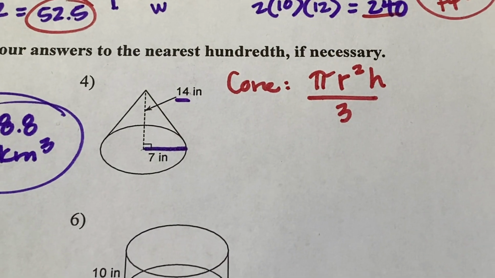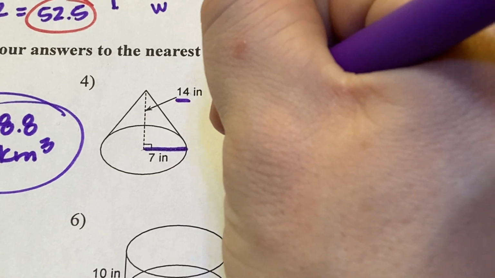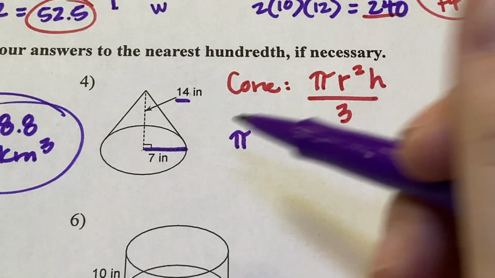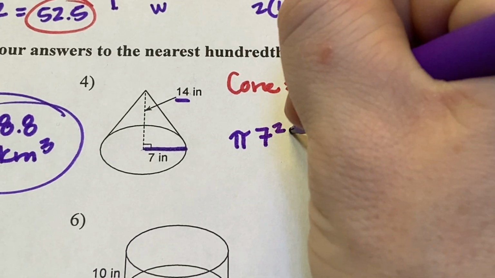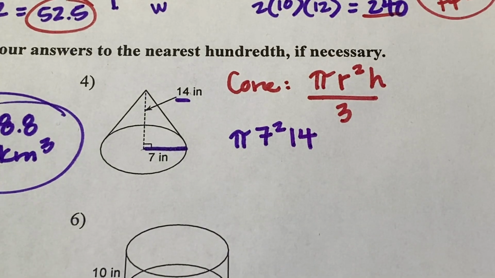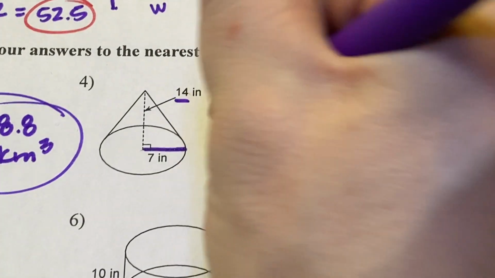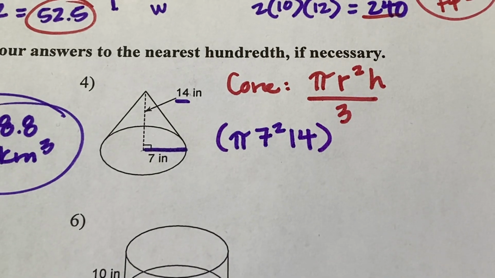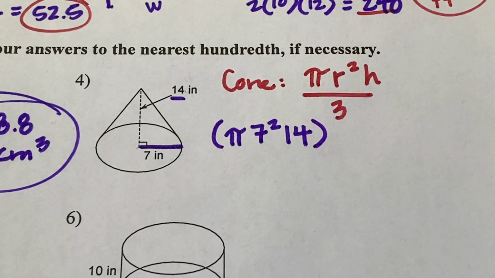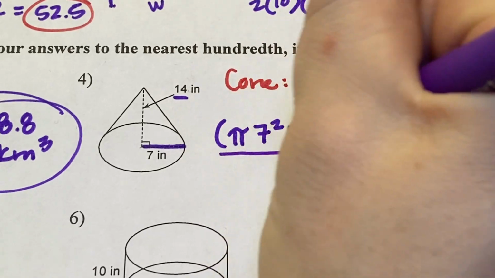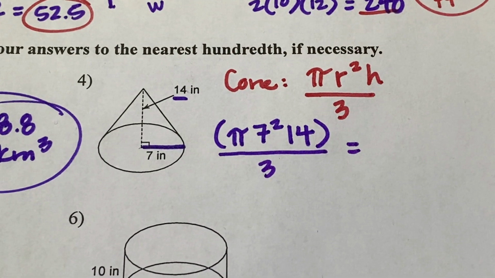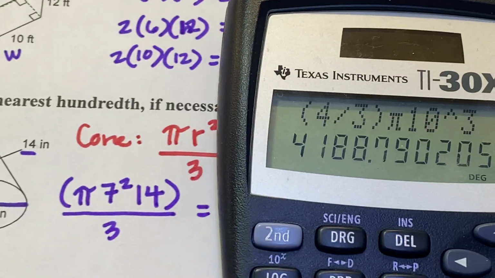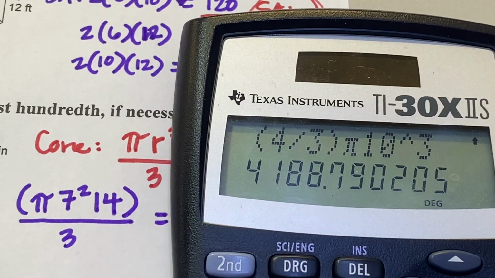So for this formula, we have pi times my radius, 7 squared, times my height, 14. Remember, I like to put parentheses around the numerator, telling the calculator that that's all on top. Then we divide that whole thing by 3. Punch this into my calculator exactly how it looks, with the parentheses and everything.